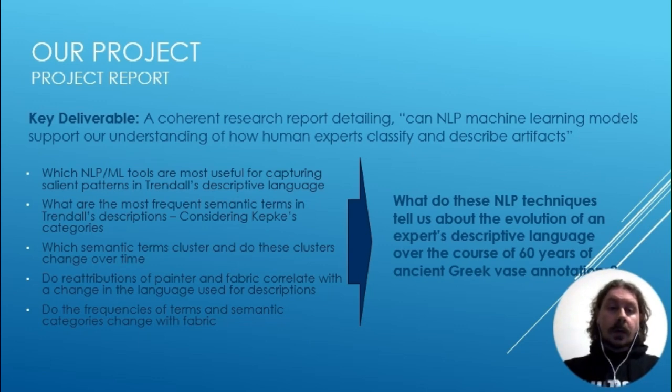So they were interested in knowing which software or machine learning or natural language processing techniques were most useful towards a deeper understanding of the vase descriptions, what semantic clustering or semantic tagging techniques generated the most useful annotations or attribute descriptions of the vase descriptions, and also a comparison or an analysis of any differences or correlations between the descriptions of different painters or workshops and different fabrics or regions.